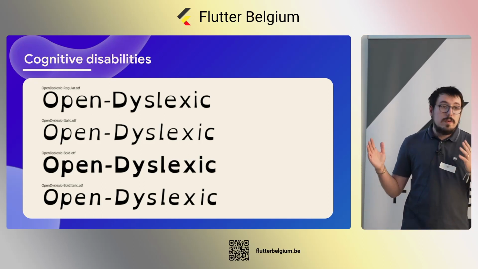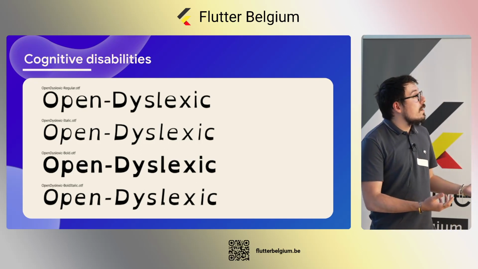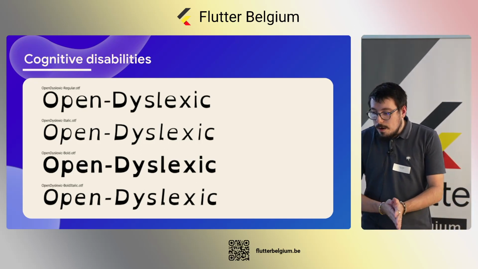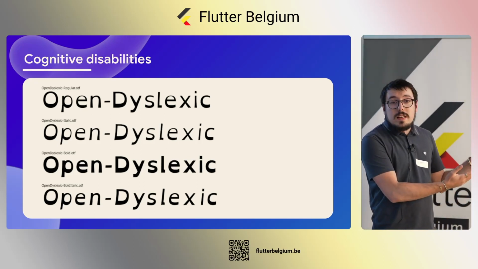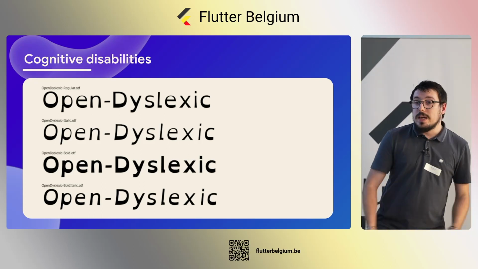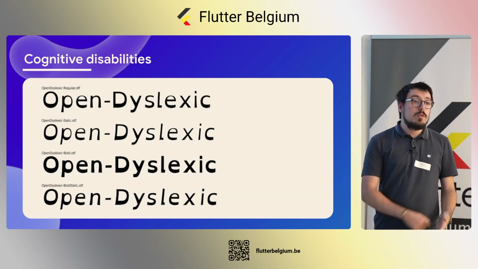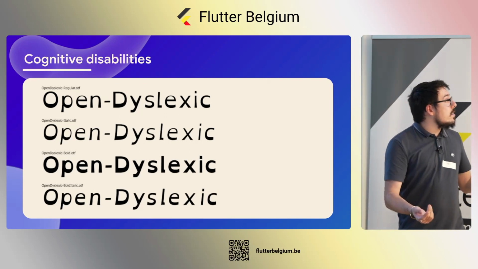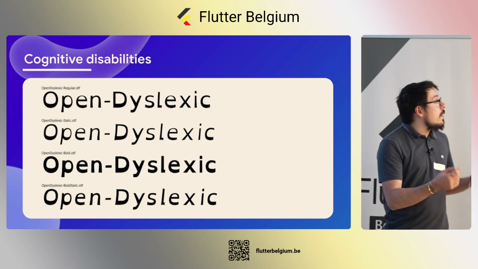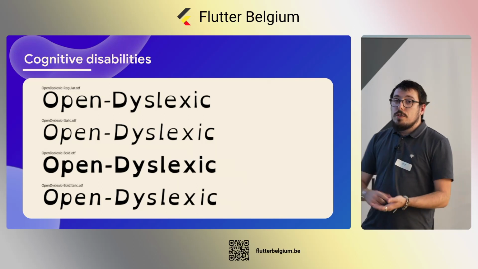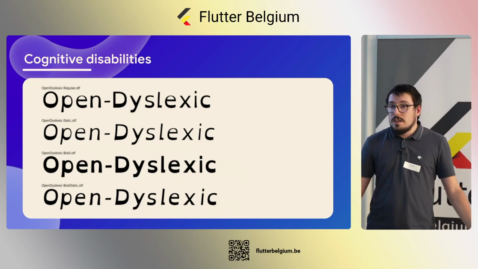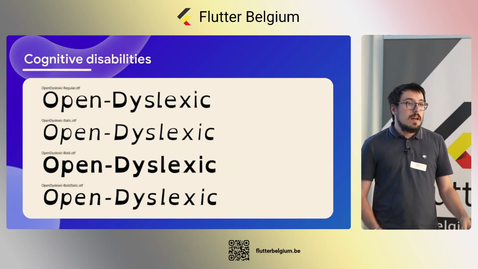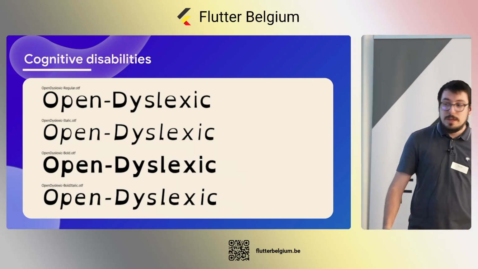Some people find that it helps them read better, and some others don't. But anyway, it's a 5-minute thing in your Flutter app. You go there, you put it in the settings, add a font for dyslexic people, and you turn it on. It's just a toggle, and you're done. It's a 5-minute thing, and maybe just with that you help some people.